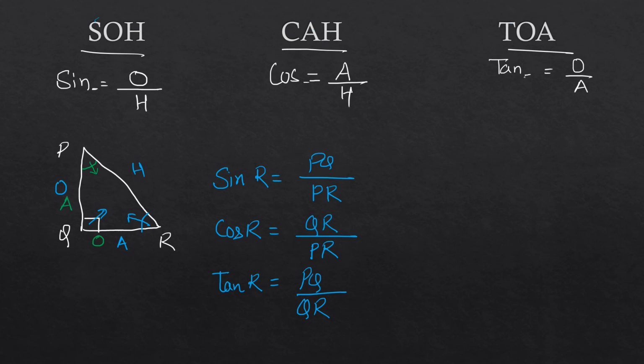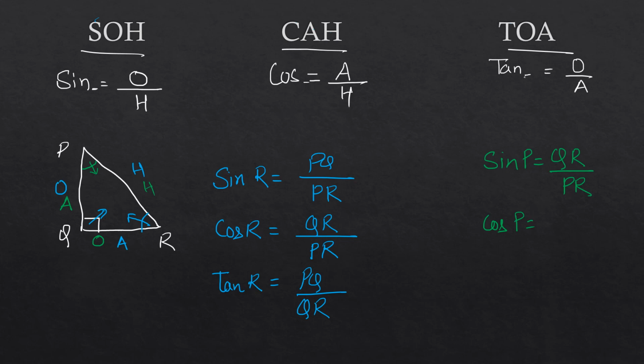So for angle P, sine of angle P is going to be again opposite over hypotenuse. In this case, our opposite side is QR, so QR over the hypotenuse, which is PR. Cos of angle P is going to be adjacent over hypotenuse.